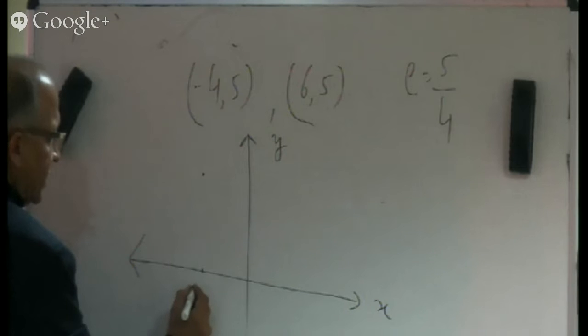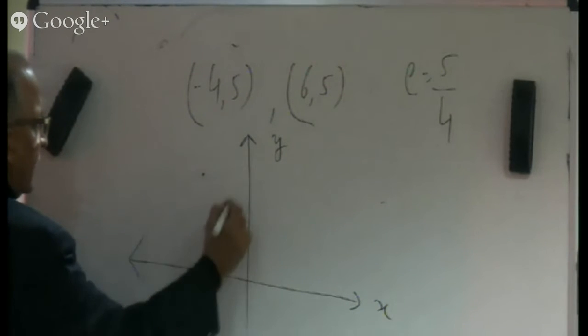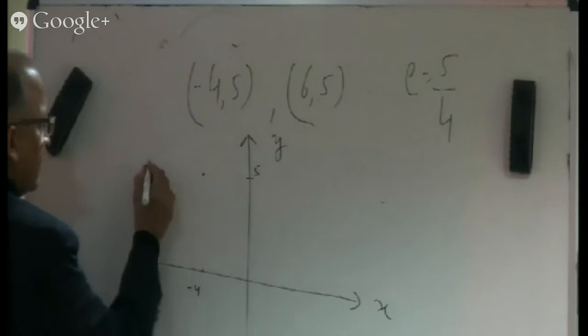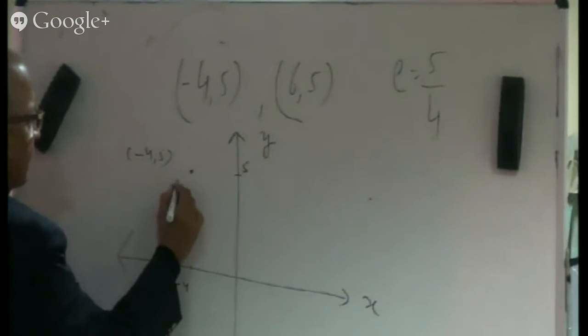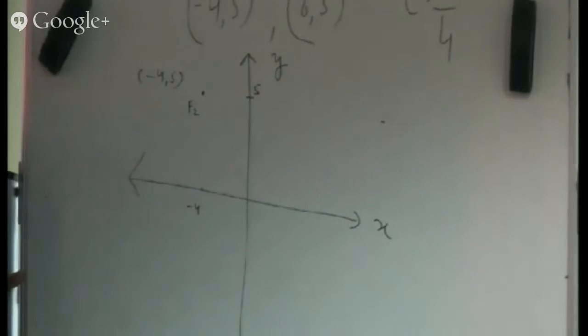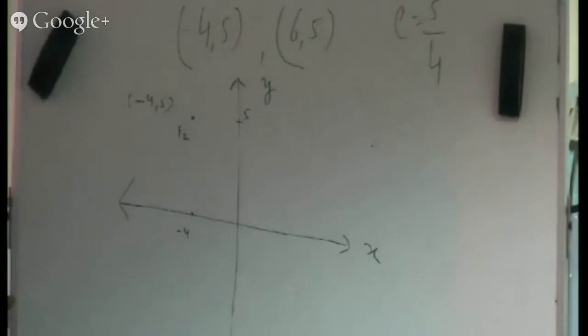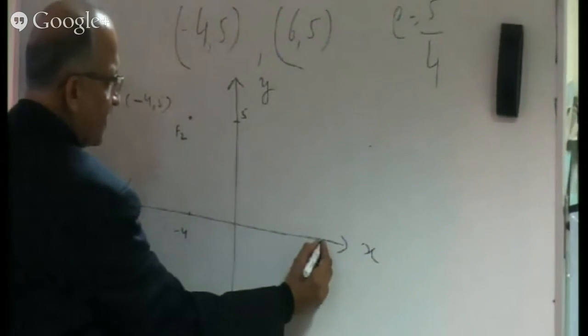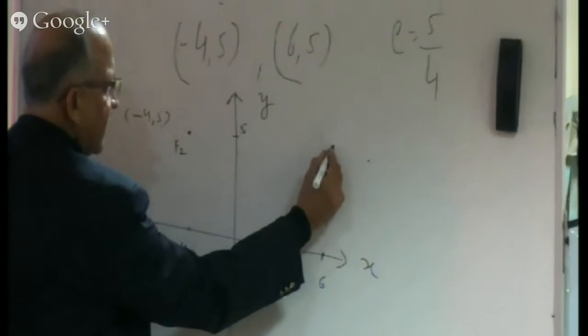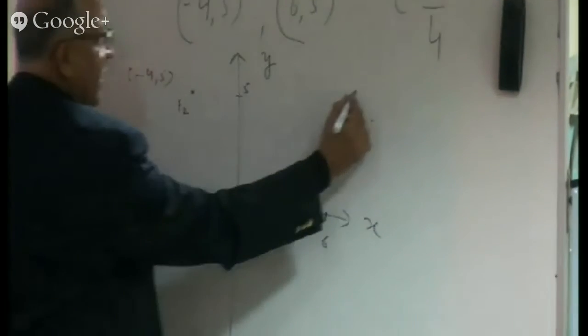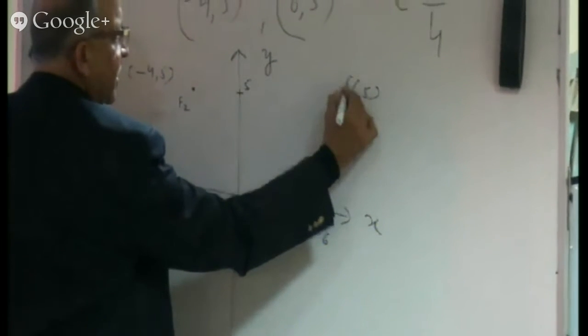If this point distance is -4 and this is 5, the point will be there. Let me call it F1. The other point is 6, 5. This point is 6, 5. This is the other focus, F2.